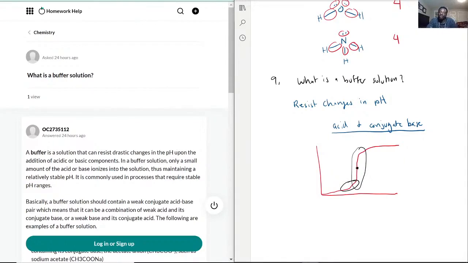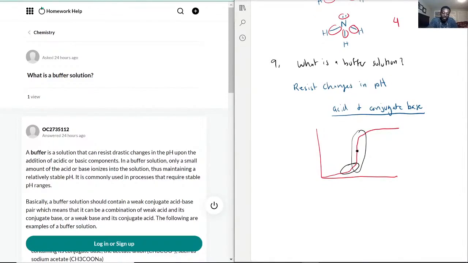But what you have to remember is that buffer solutions only work, this is an important part, with weak acids or bases. Now you're probably wondering why that's the case.